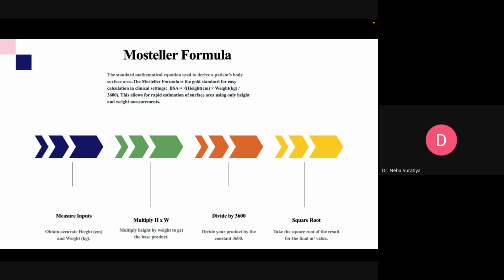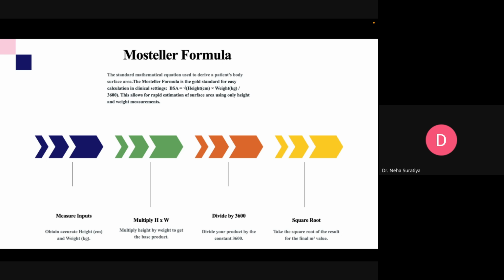It gives values very close to more complex formulas. Some complex formulas may be more precise compared with Mosteller, but this provides a very close range. That's the reason it is widely used in clinical practice, in hospitals, oncology units, and in examination settings as well.